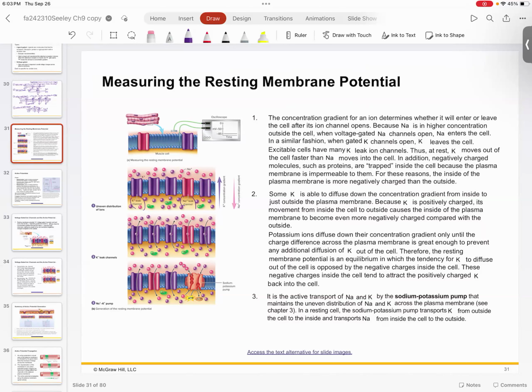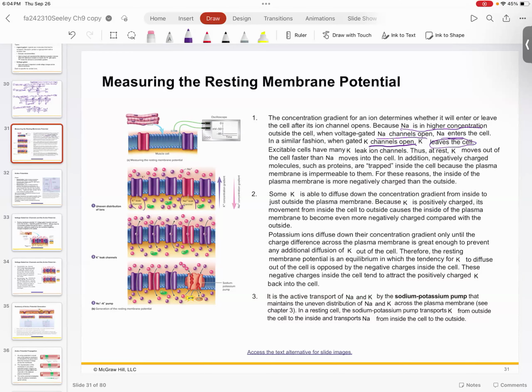Ultimately, when you set up your gradient, because you've got a high sodium gradient on the outside of the cell, when the voltage gated channels open up, the sodium enters the cell. The gated potassium channels will do the same because they also have a concentration gradient, so potassium leaves the cell.